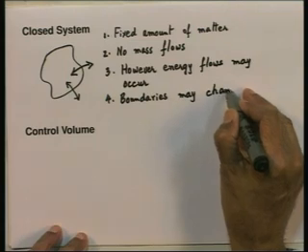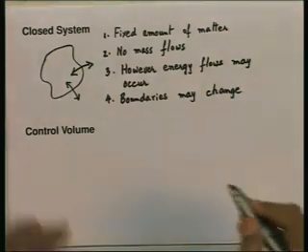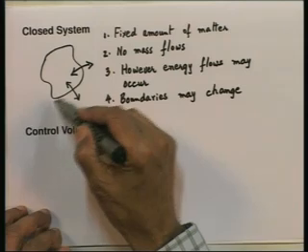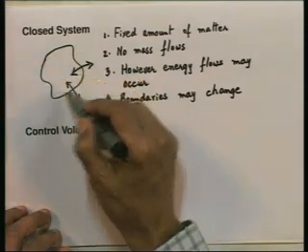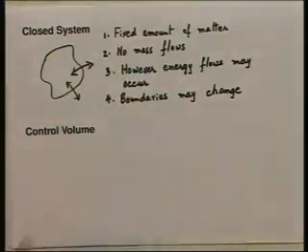However, the amount of mass, remember, does not change. That means, at some instant this is the boundary that I am drawing, at some other instant the boundary may have changed, the shape, the size may have changed, but the amount of mass inside it will not have changed. These are the characteristics of a closed system.